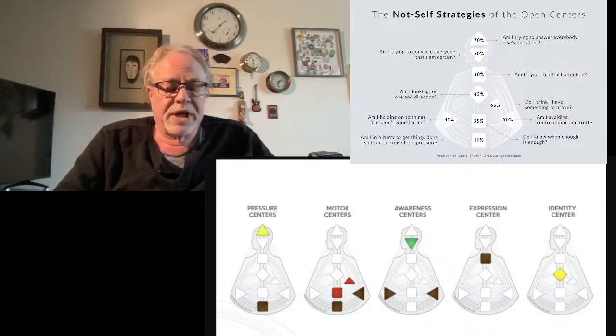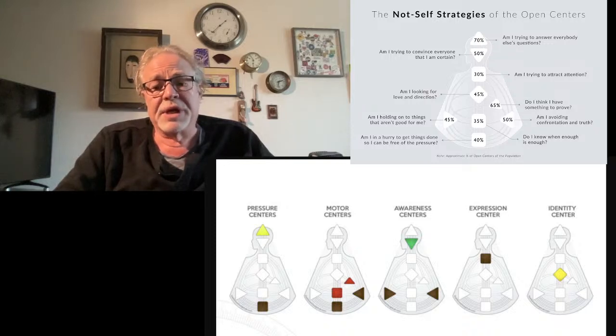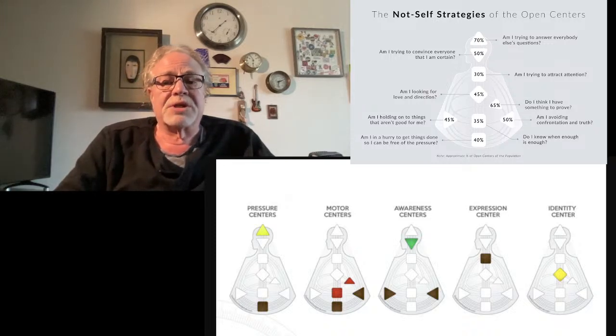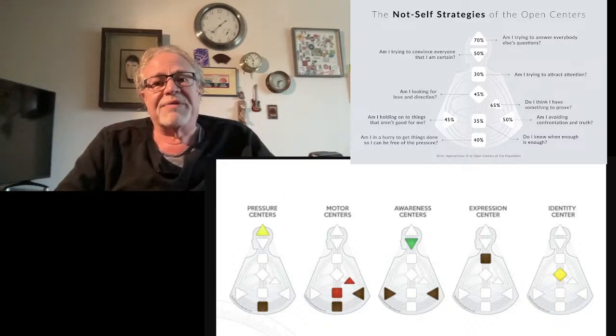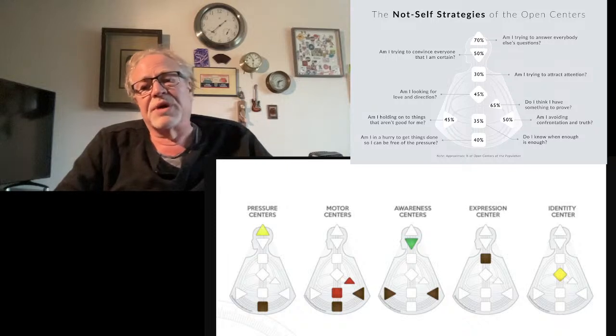Now let's go to the left side of the body graph, and that is an awareness center. That is your spleen. And let's not forget what the spleen actually is. It's the fear center. This is where all our knowledge comes from. All knowledge is arrived from fear. And that fear, we got to understand, is the fear of survival, keeping ourselves alive.